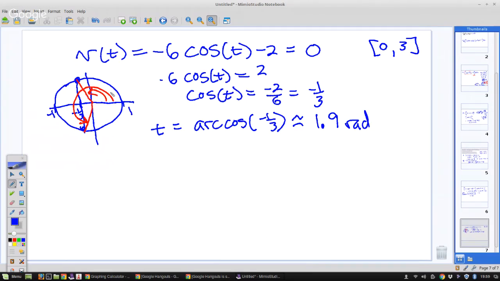So if this answer on the top is 1.9 radians, down here it would be 2 pi minus that. So the other answer here is going to be 2 pi minus arc cosine of negative 1/3.